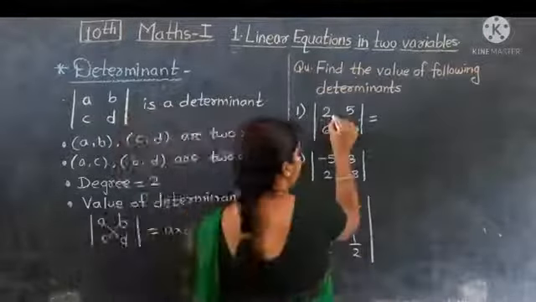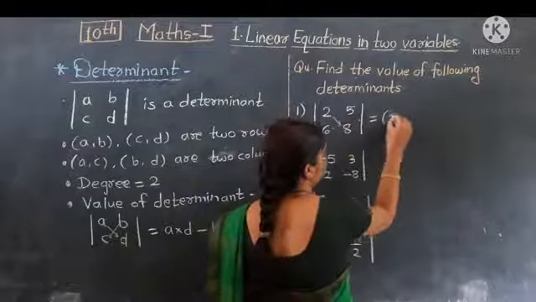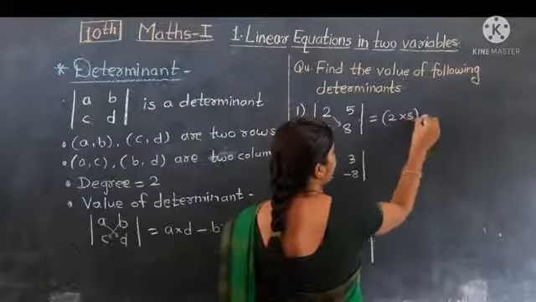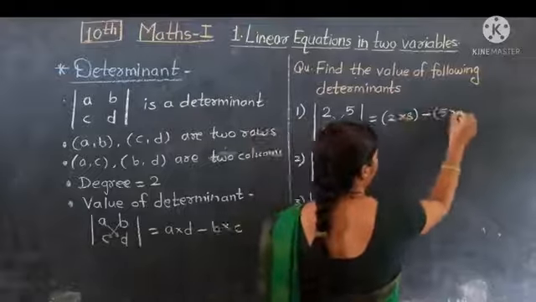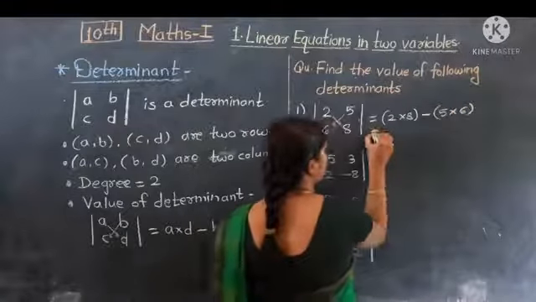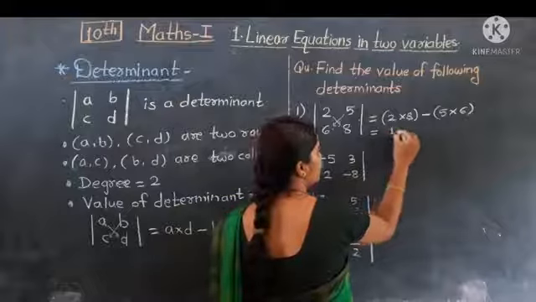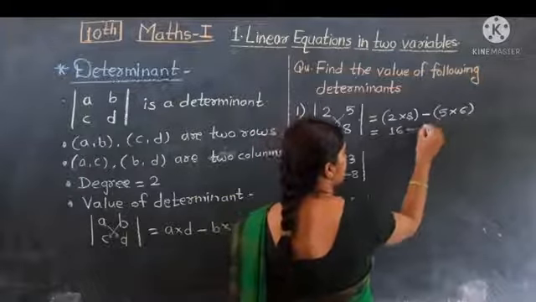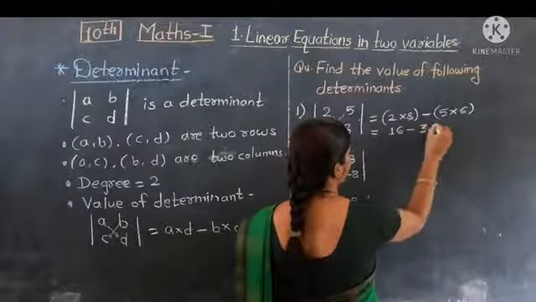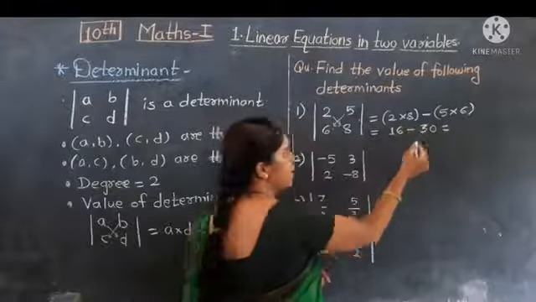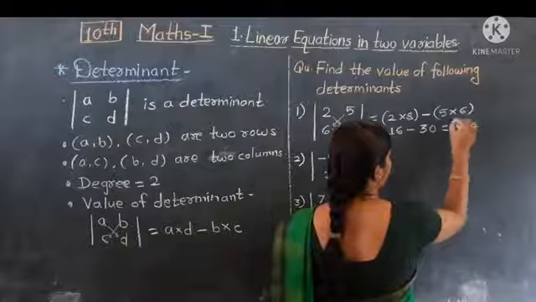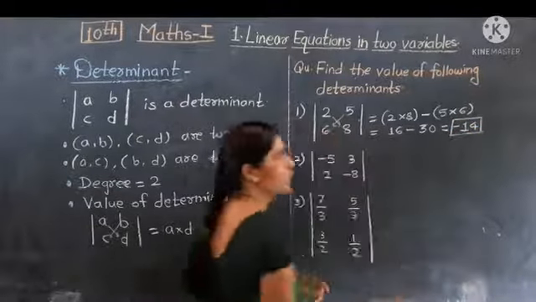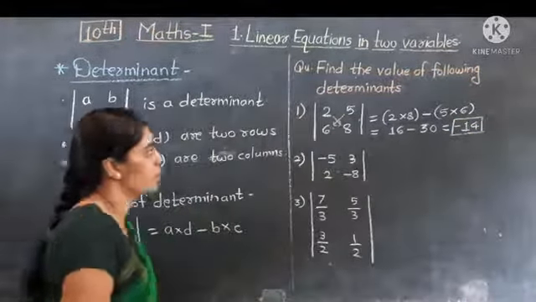So first 2 into 8, middle sign is minus, then 5 into 6. We get 16 minus 30. Greater number sign is minus, 30 minus 16 is 14. Therefore, we get the answer as minus 14.